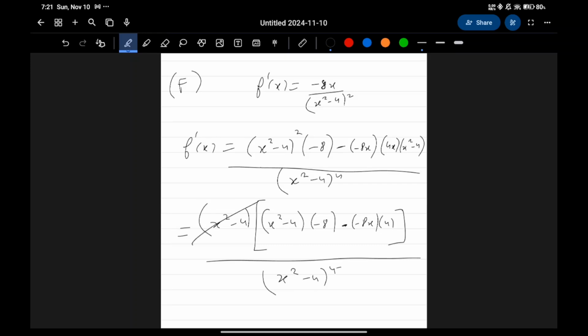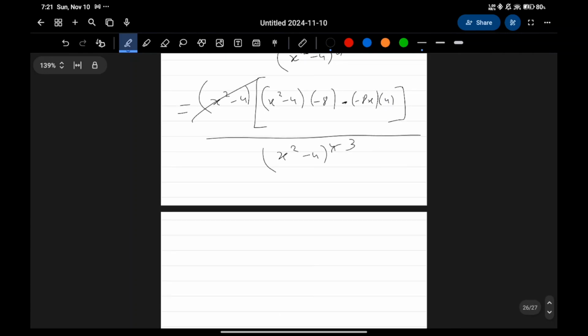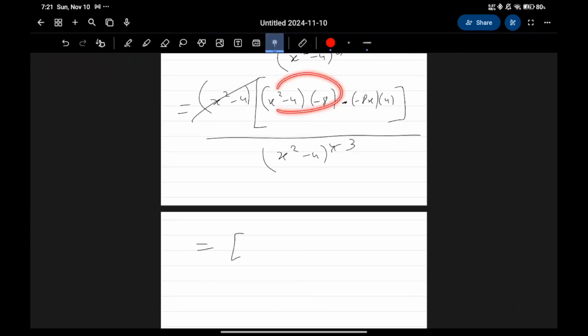Now I can subtract this with one of the powers. This becomes negative 8x squared. 8 times 4 is 32, so it becomes positive 32x.